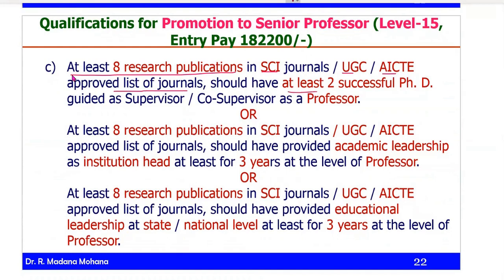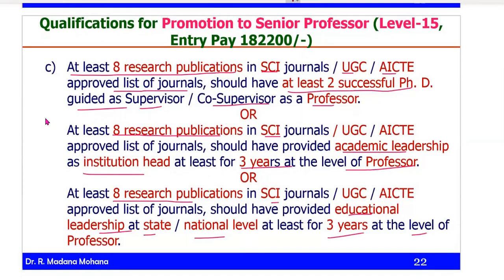Should have at least 2 successful PhDs guided, either as supervisor or co-supervisor at professor level, or with minimum 8 research publications in the same journals, and should have provided academic leadership as institution head at least for 3 years at the level of professor, any institution level positions, or with the minimum 8 research publications in the same journals, and should have provided educational leadership at a state or national level at least for 3 years at the level of professor.